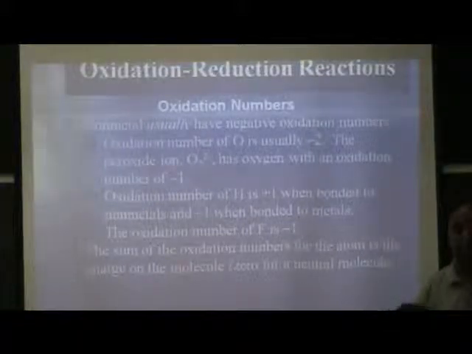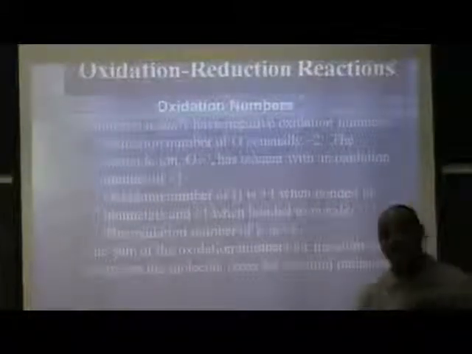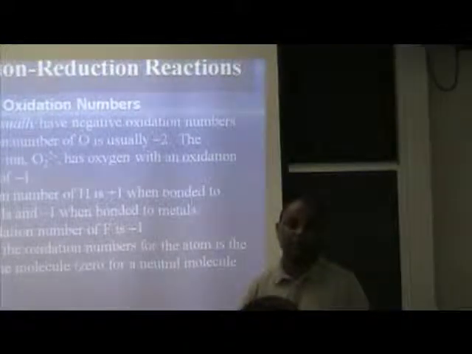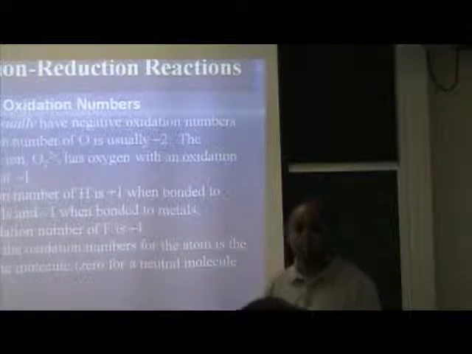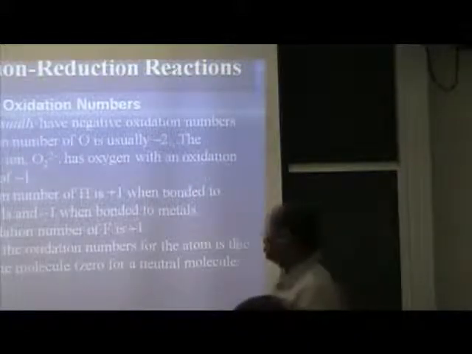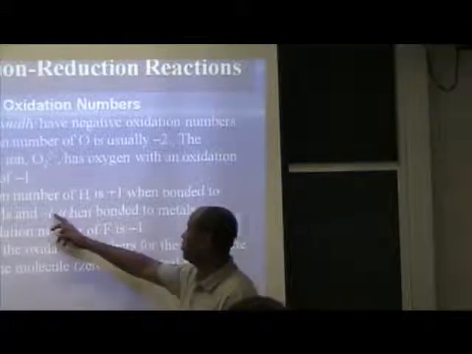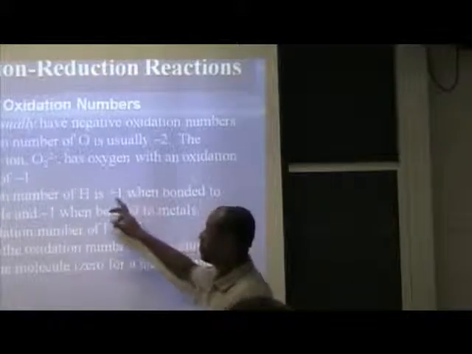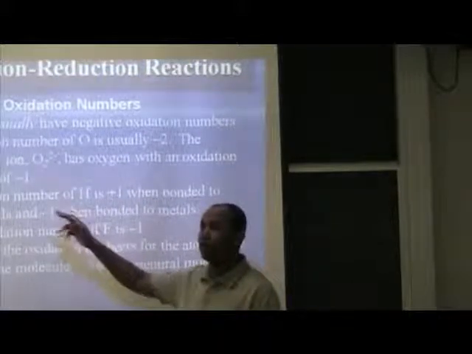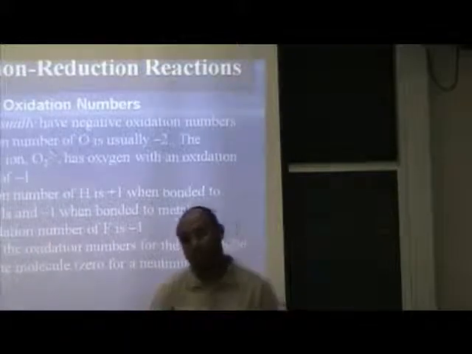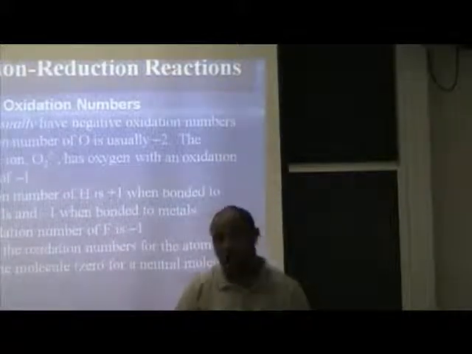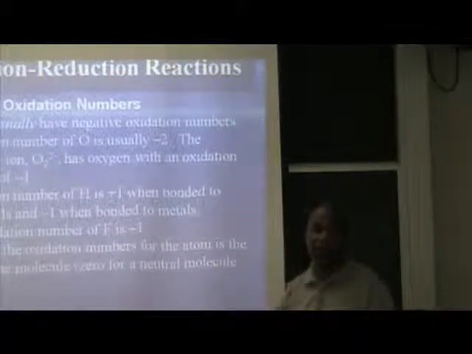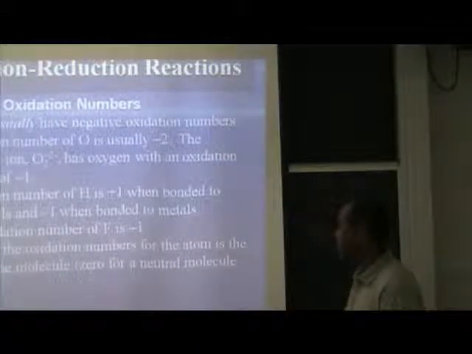Sodium hydride, right? In sodium hydride, the oxidation number of hydrogen is -1, because hydrogen is -1 when it's bonded to metals. For example, HF is hydrogen fluoride. Now, the oxidation number of hydrogen is +1 because it's bonded with a non-metal.